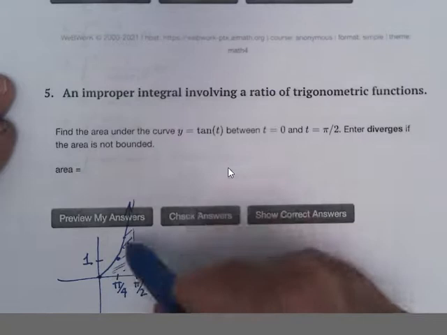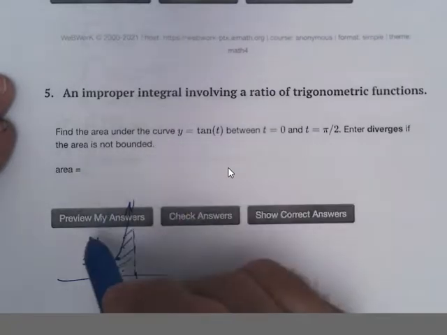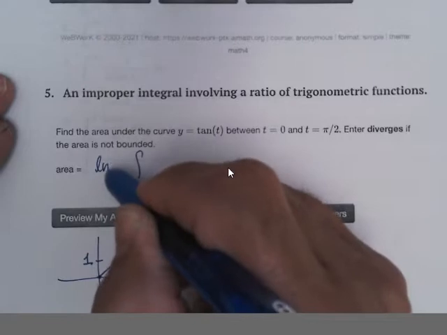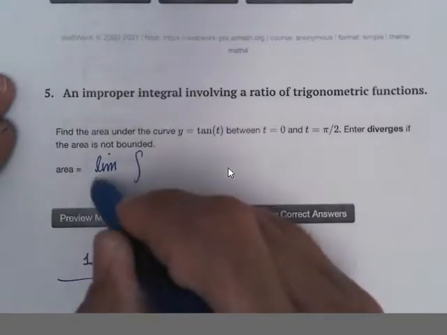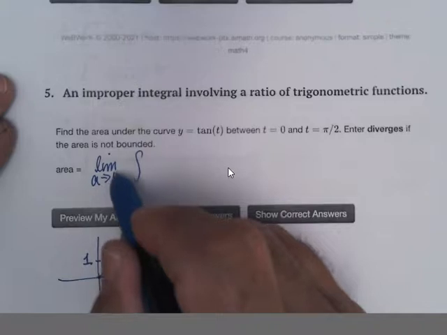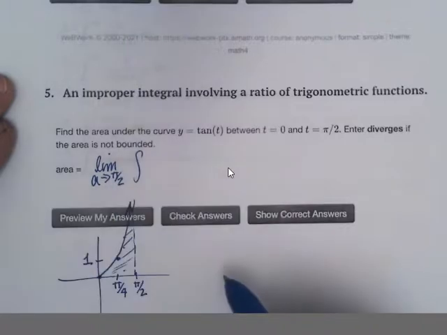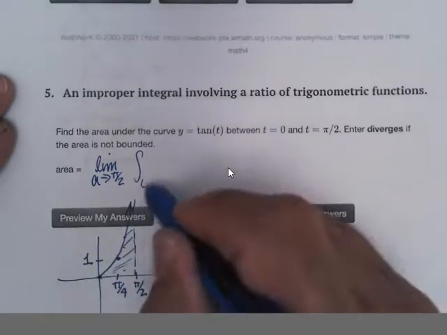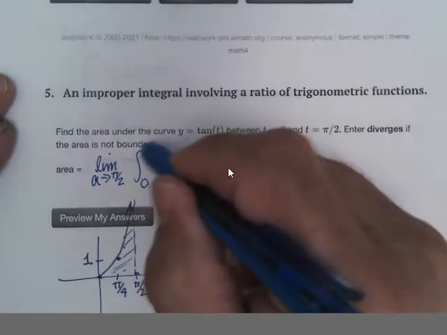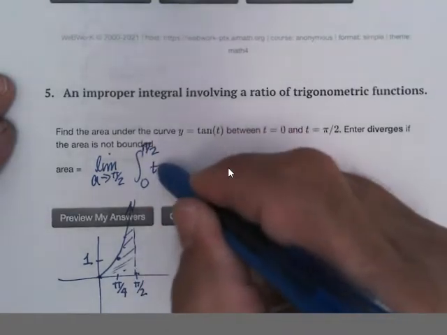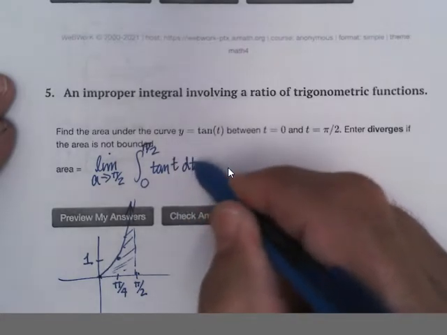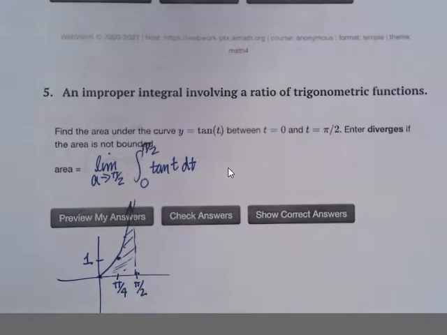So we're going to have the integral with a limit as a approaches where it's an asymptote, pi over 2, of tangent t dt from 0 to pi over 2. They did it with t's, so we'll do it with t's.